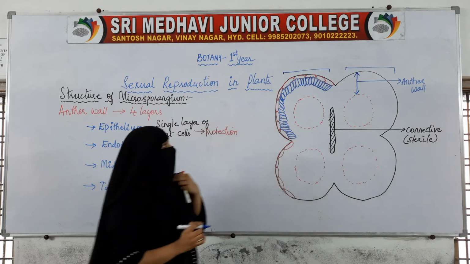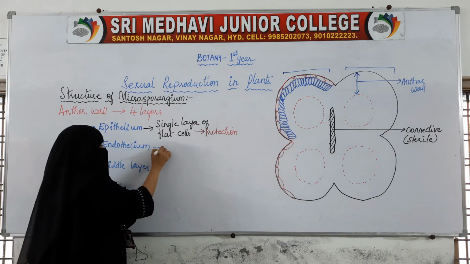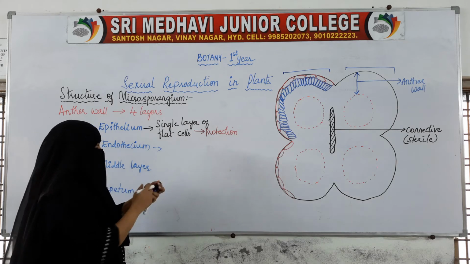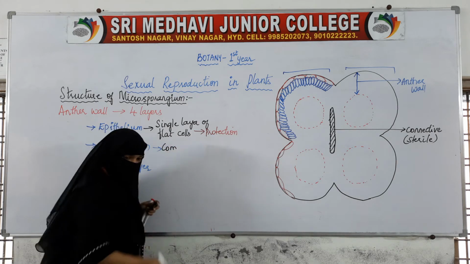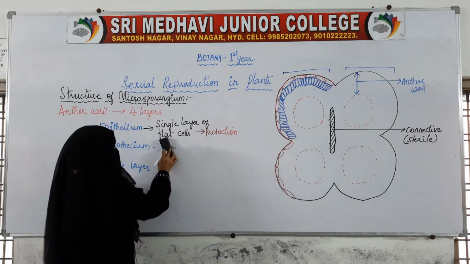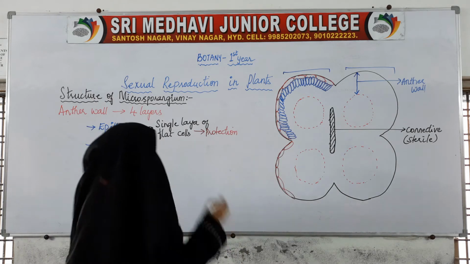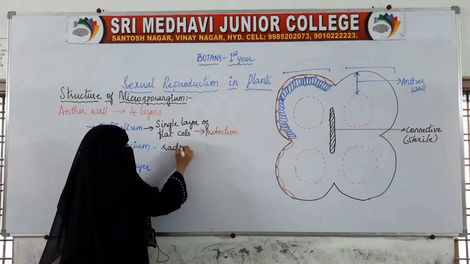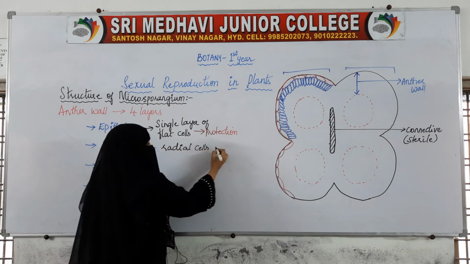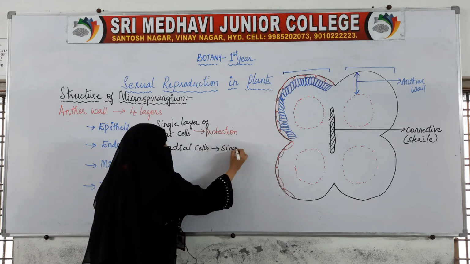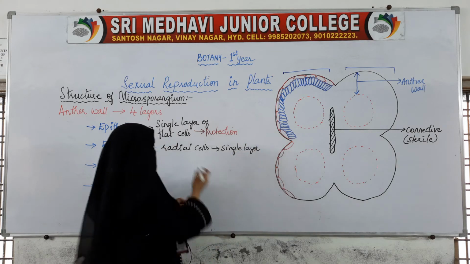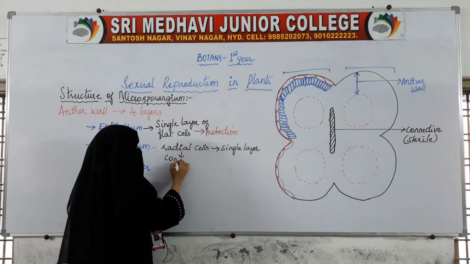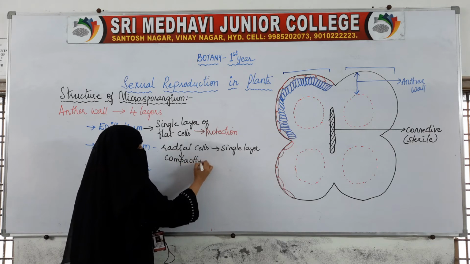This is the second layer. It is also a single layer, consisting of radially arranged radial cells, a single layer of radial cells, and these are compactly arranged.